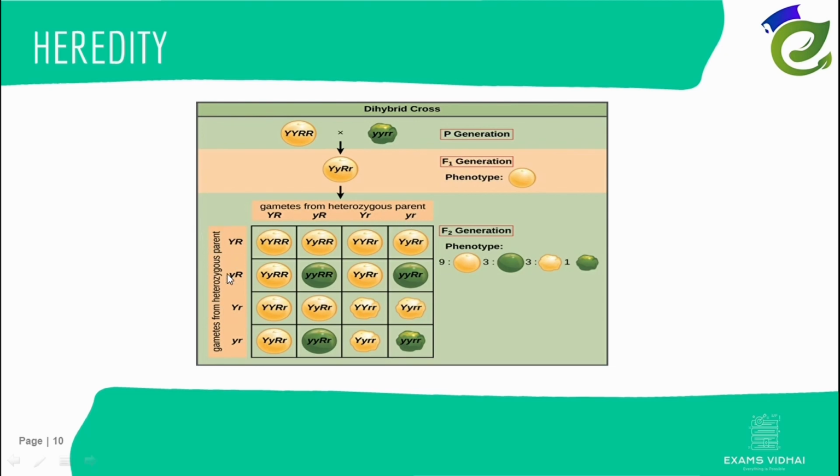Now when you cross them, you will be getting these many varieties. So the phenotype ratio is 9 is to 3 is to 3 is to 1. You need to remember this one. It's an important ratio. Many times you will be asked this question.